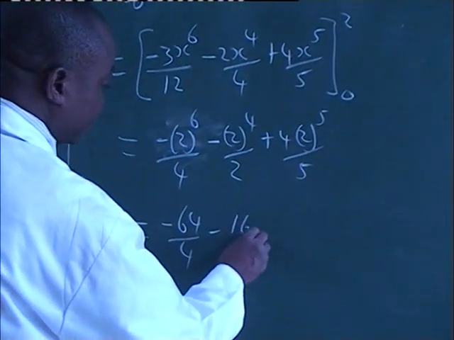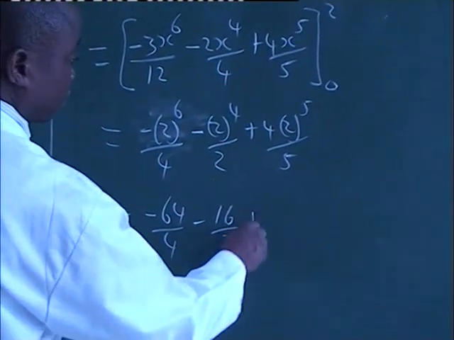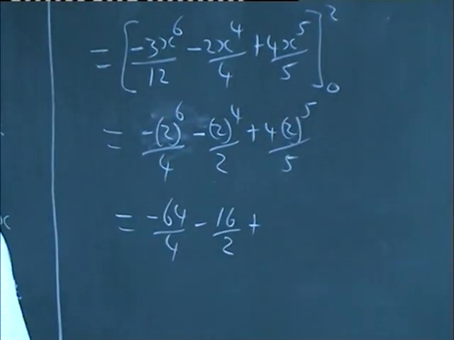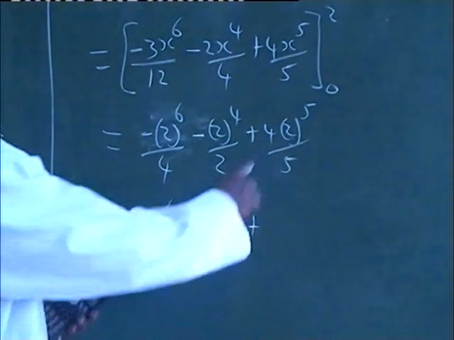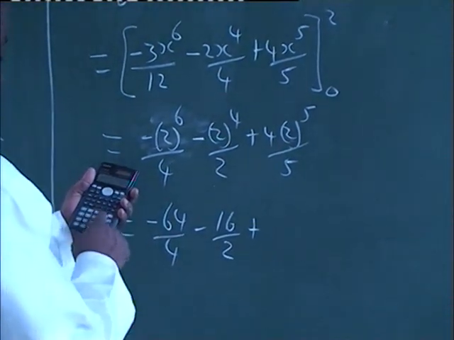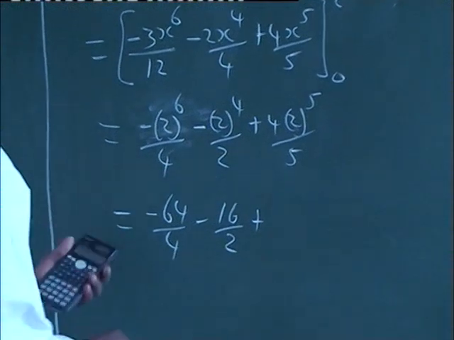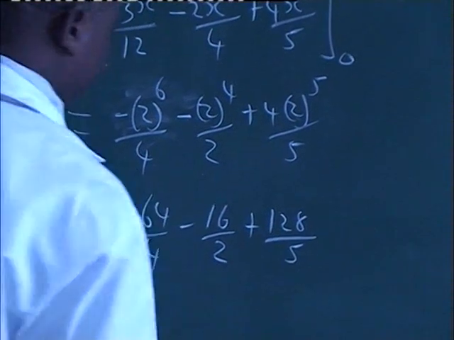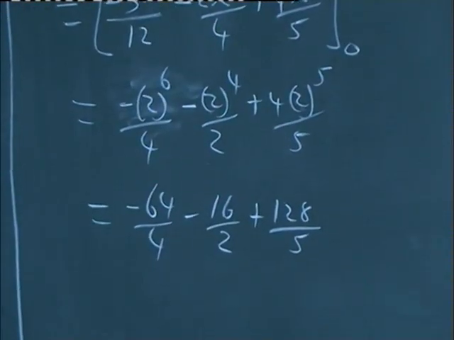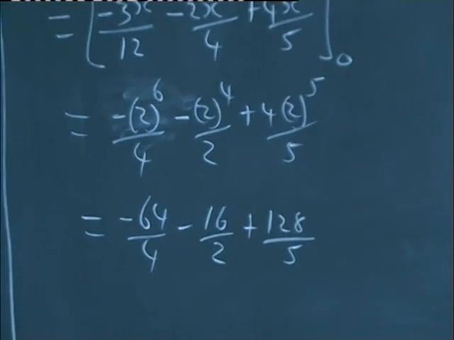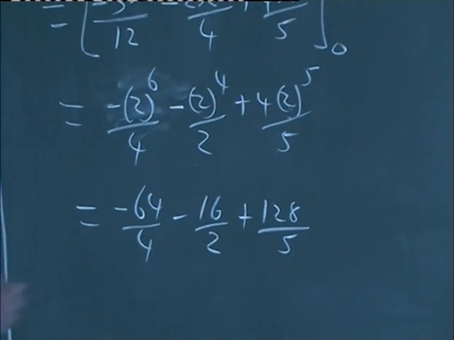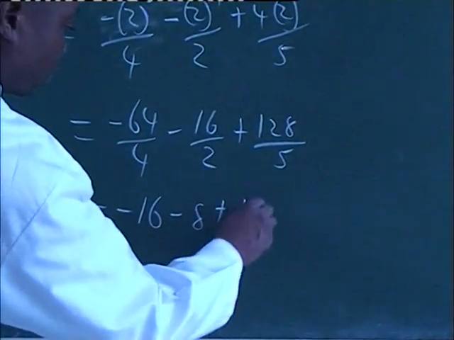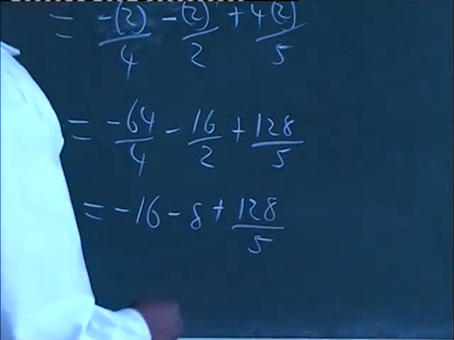Okay, so we have 16 over 2 plus 2 raised to the power 5, which is 32. So 32 times 4 gives us 128, over 5. Now 64 divided by 4 gives us minus 16, minus 8 plus 128 over 5.